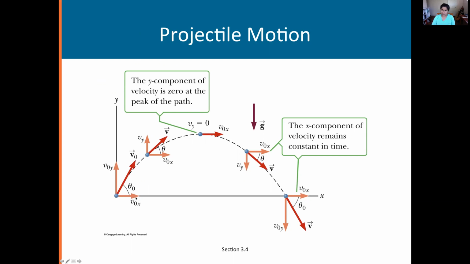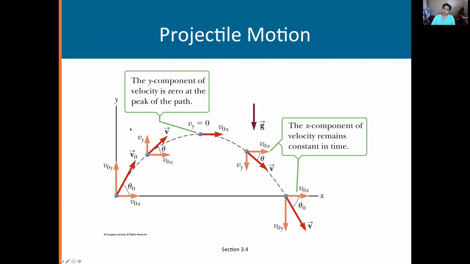We expect it to not change all through the motion. At the second position marked here, v0x looks exactly the same. Here, v0x is right under here. You can't see it, but it is marked here. It's exactly the same as this. And v0x here exactly the same, v0x here exactly the same. So indeed, there is no change in the velocity in the X direction.